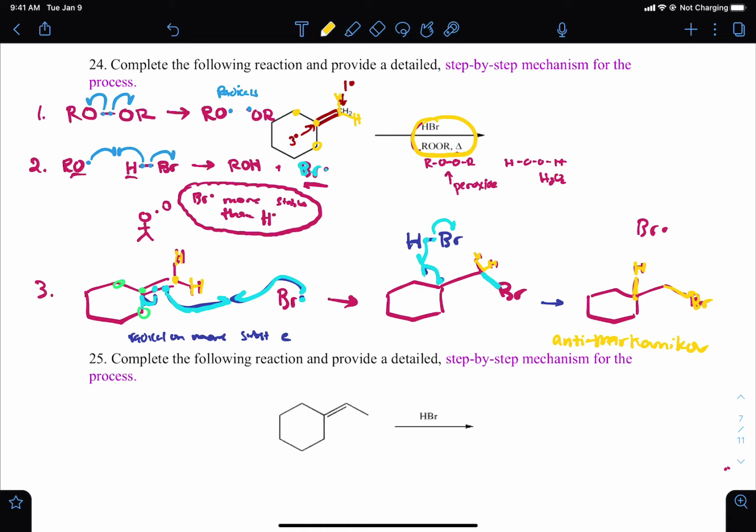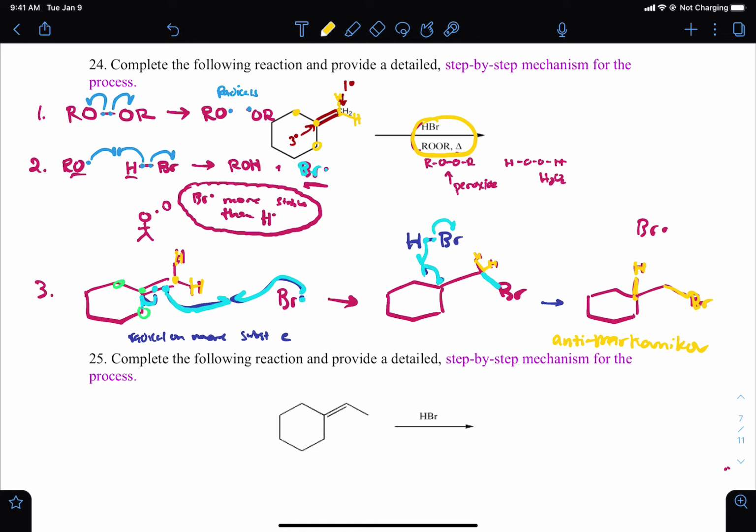Instead, what's going to happen is the pi bond, instead of going through a single electron pattern like it did with radicals, is going to use both of its electrons to grab the H and put the electrons onto bromine. Again, bromide is stable, so it's going to grab the H to produce Br minus instead of grabbing the Br to produce H minus.